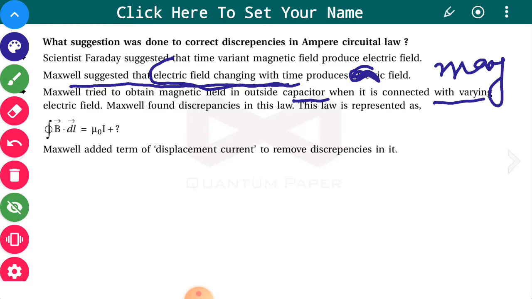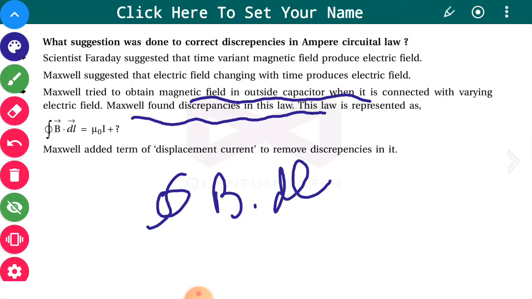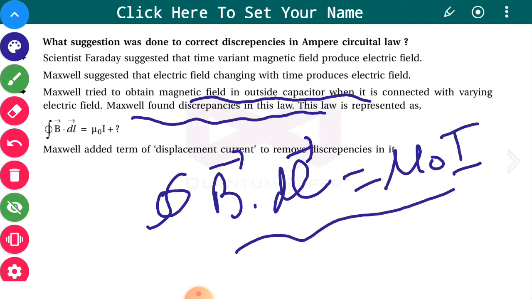Maxwell found there is a discrepancy in the law given by integration B dot dl equals mu 0 I. That is the law given by Ampere circuital law. There is something missing, and Maxwell added this missing term as the displacement current.